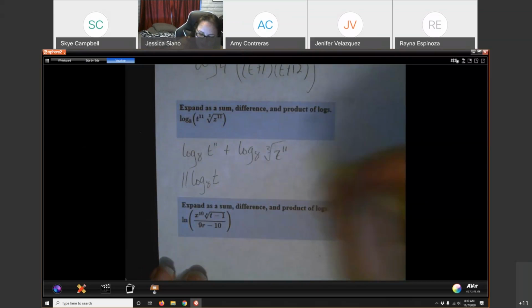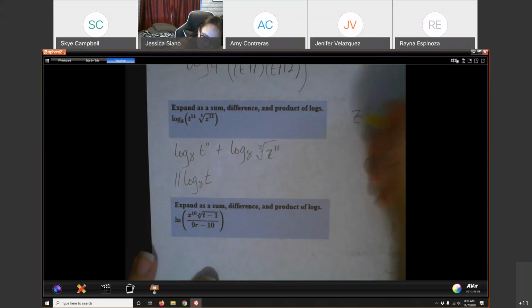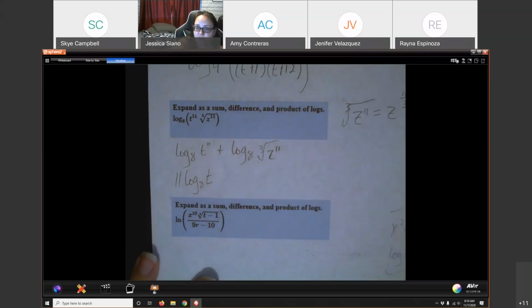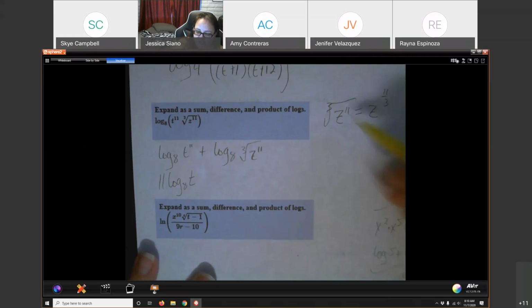Now for this one, a quick note that the cube root of z to the 11 is the same as z to the 11/3, where the index on this root is what goes in the denominator, and the exponent goes in the numerator.